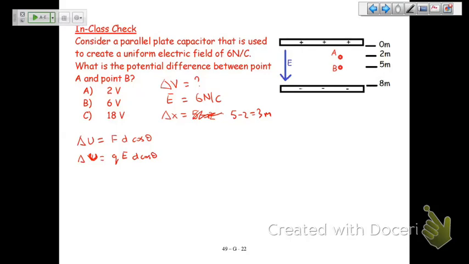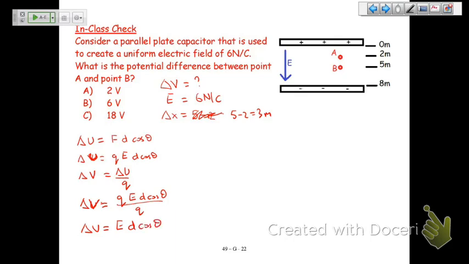And I know that delta V is equal to delta U over Q. So delta V is going to equal Q times E times D cosine theta over Q. Delta V is equal to E times D cosine theta.